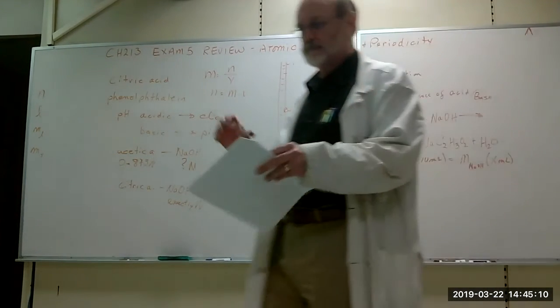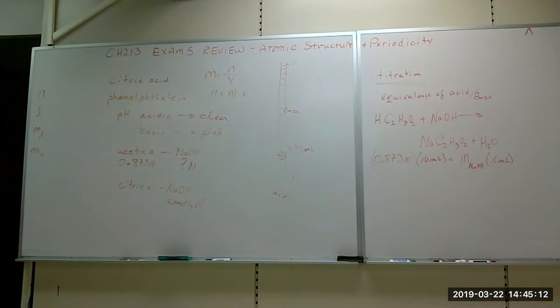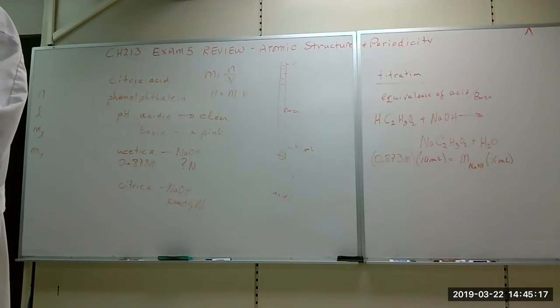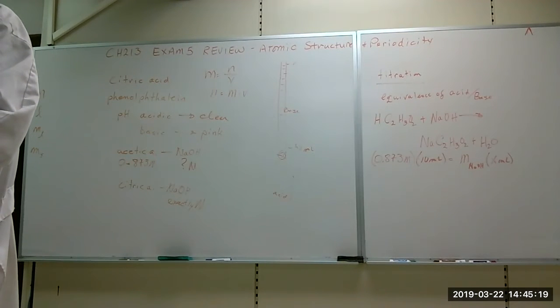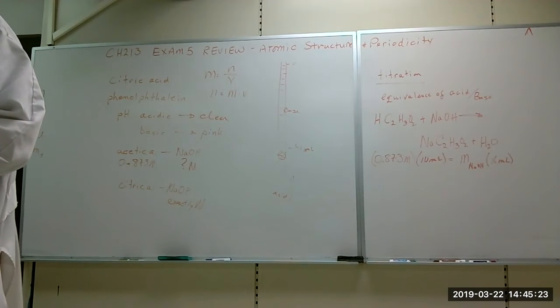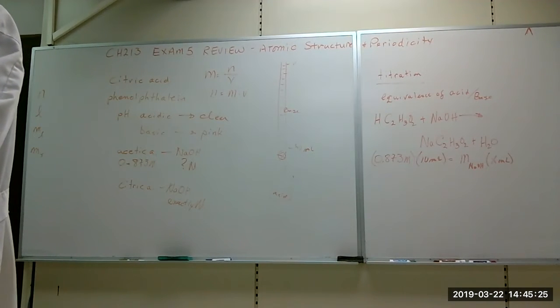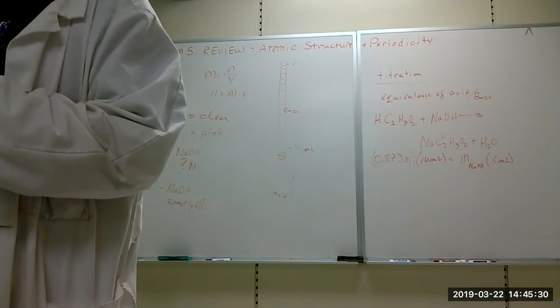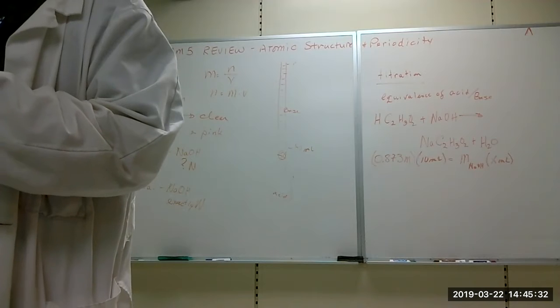Where do we get the 0.873? I set that alarm so I would know we need to get onto this, just as a reminder. Okay, your question? Where do we get the 0.873 molarity?